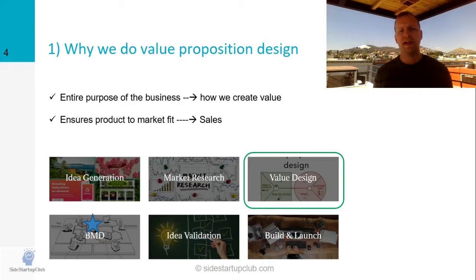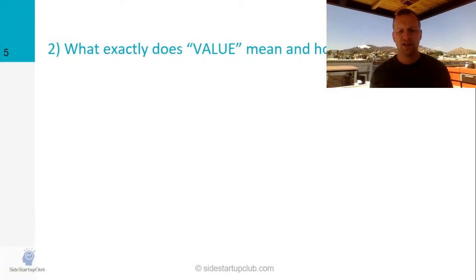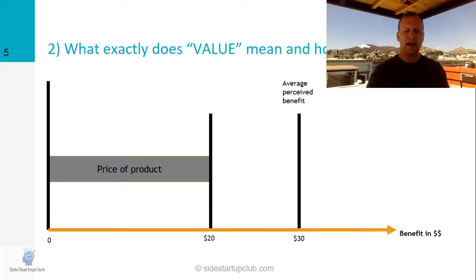So in order to design our value proposition, we need to understand what value is and how we create it. Here's an illustration that shows you visually what value is. Any given product has a price associated, and the benefit of delivering that product or service has a certain value or benefit associated with it. And this can be measured in different currencies, whether they're monetary currencies, dollars, pesos, yuans, or it can be in utilities of happiness or time saved or stress reduced.